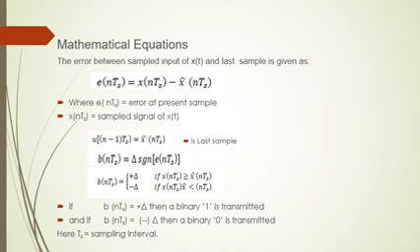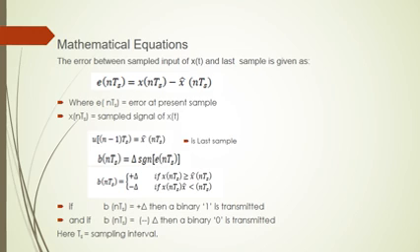Mathematical expression for the delta modulation. First of all, an error signal is calculated by taking the difference of the input signal and the last sampled signal. According to the sign of the error signal, the decision is taken to increase or decrease the step size.